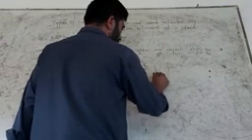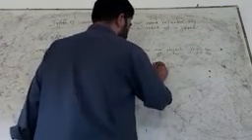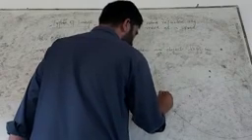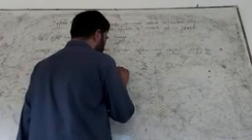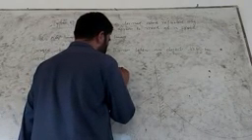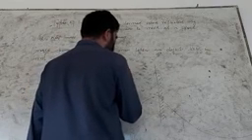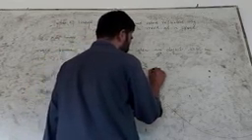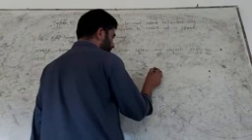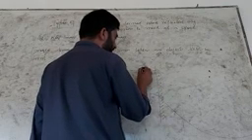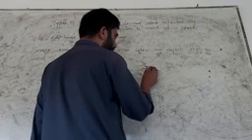Dear friends, as we know, this is a plane mirror. When an object is here and a ray falls on it in a straight line, the reflected ray will also bounce back in the same direction.